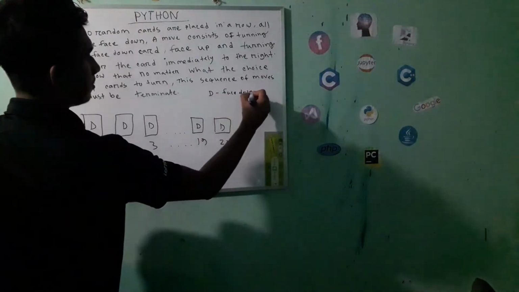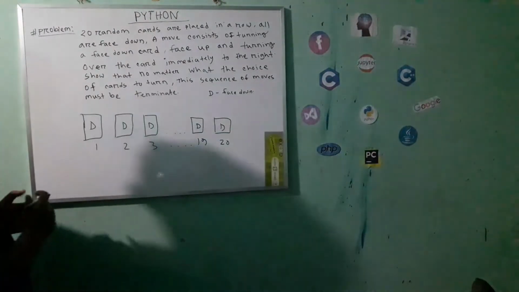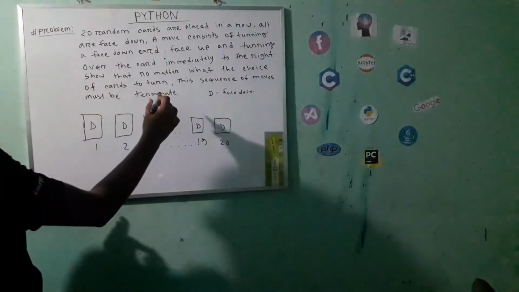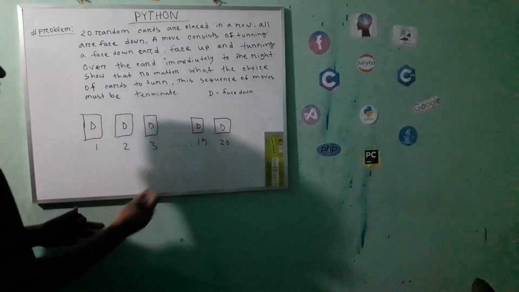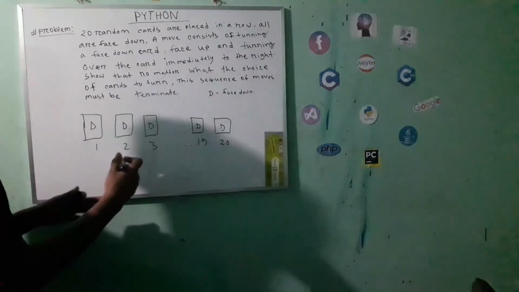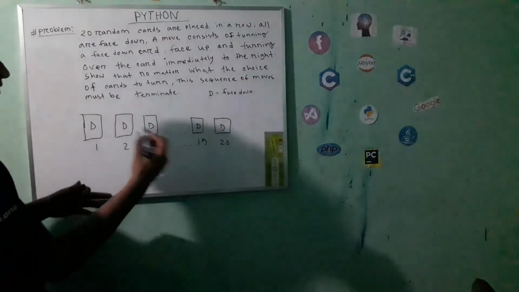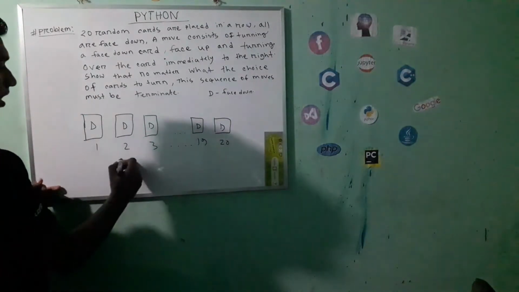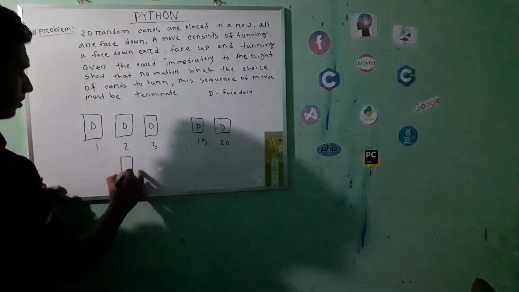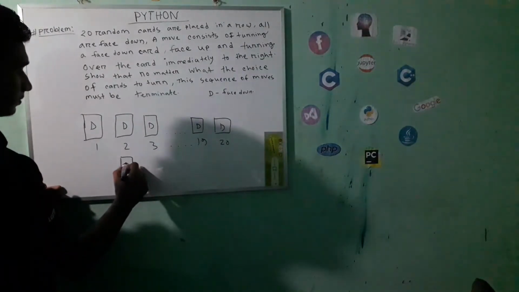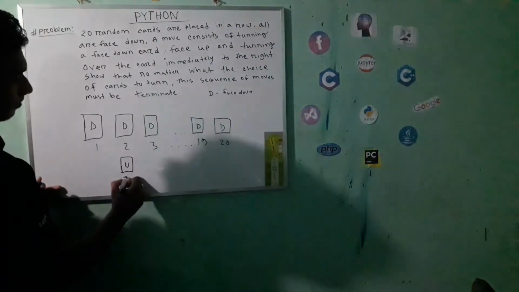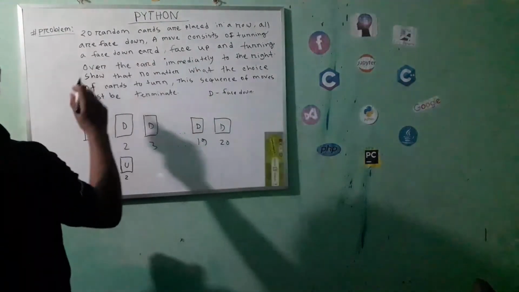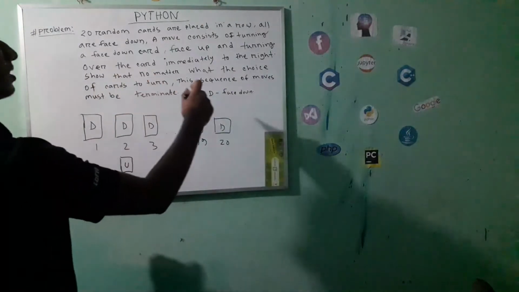face down. And a move consists of turning a face down card face up. So I have to turn over a face down card to face up. Suppose I have turned over number 2 face up, and turning over the card immediately to the right.